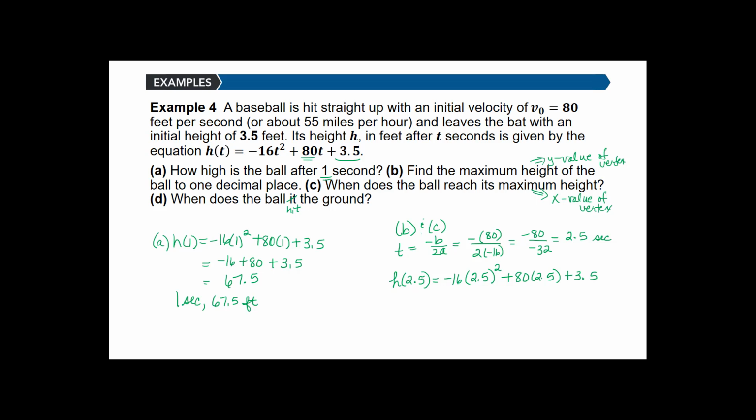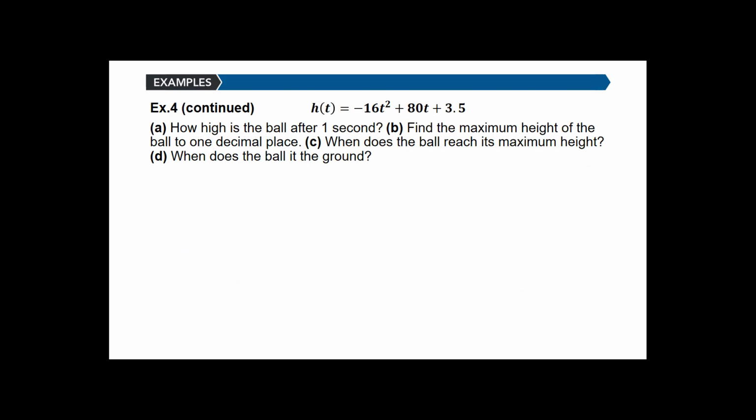And you can simplify that on the calculator and get that's 103.5. So this means that the maximum height of the ball is 103.5 feet. So max height is the y value of the vertex again. At what time does that occur? And that is at the x value of the vertex. And then when does the ball hit the ground?